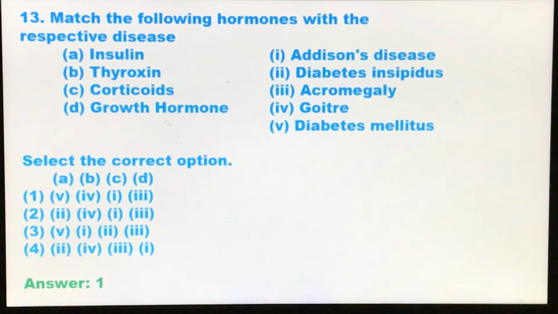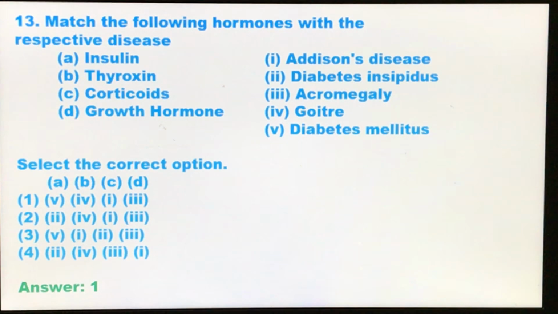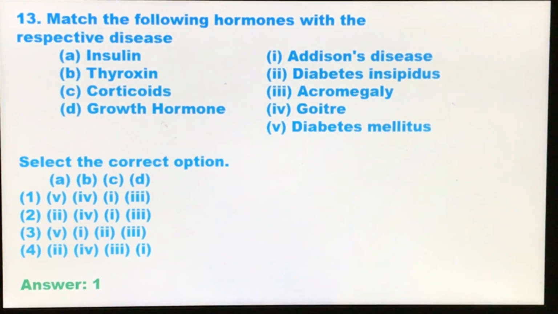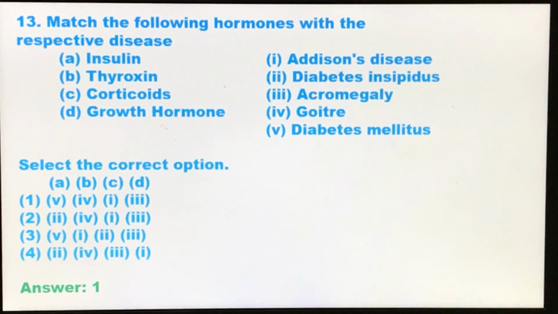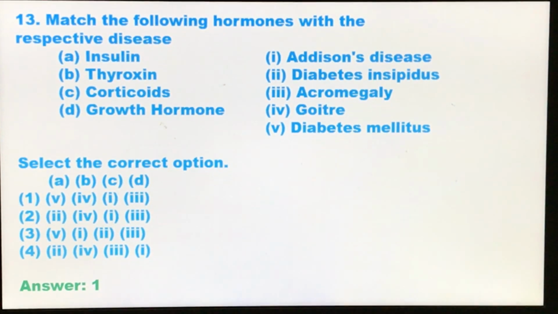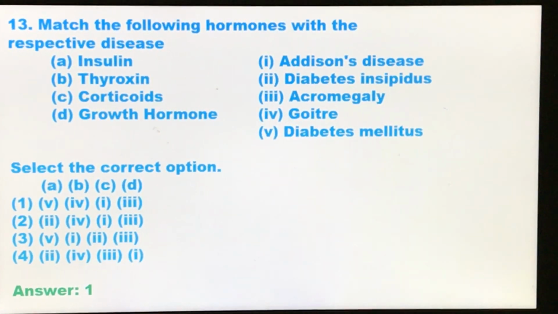When the insulin amount is less, the cells are unable to utilize the sugar or the glucose that's present in the blood, thereby leading to a high concentration of the glucose in the blood. This condition is called diabetes mellitus.